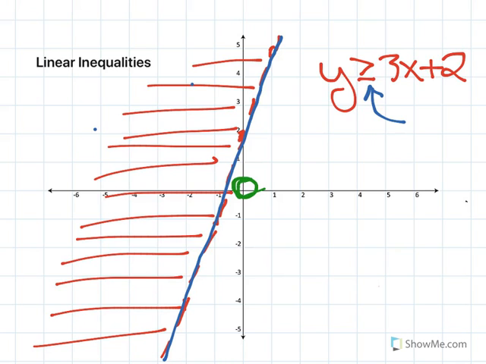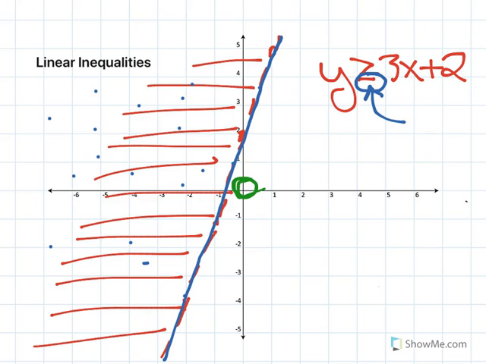So that means any point out here would satisfy this inequality, including points on the line. Whereas before, when I didn't have this equals part attached to it, I couldn't put a point on the line because it had to be greater than, it couldn't be greater than or equal to. Okay, so that's how that works.